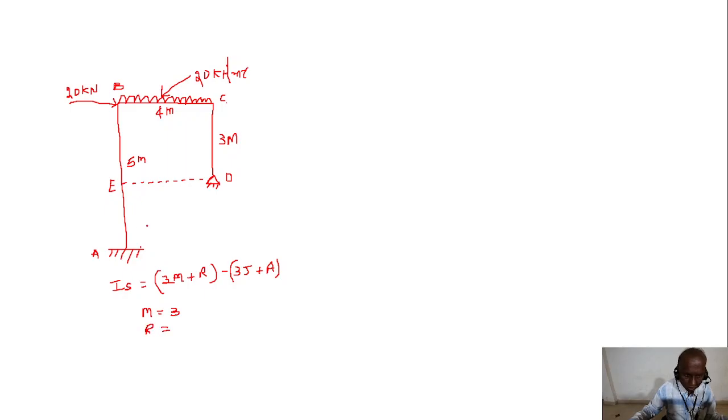In each support, the fixed support has 3 and the hinged support has 2, so 3 plus 2 is 5. j is the number of joints, at A, B, C and D, that is 4 joints. a is the number of additional equations due to internal hinge.